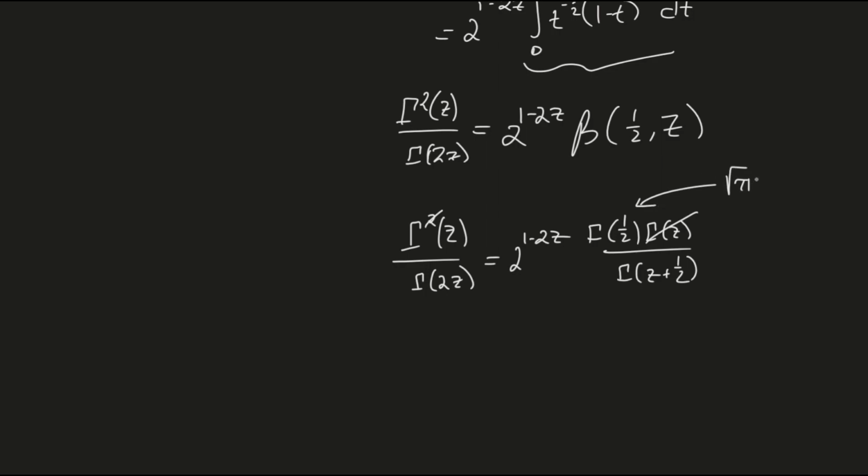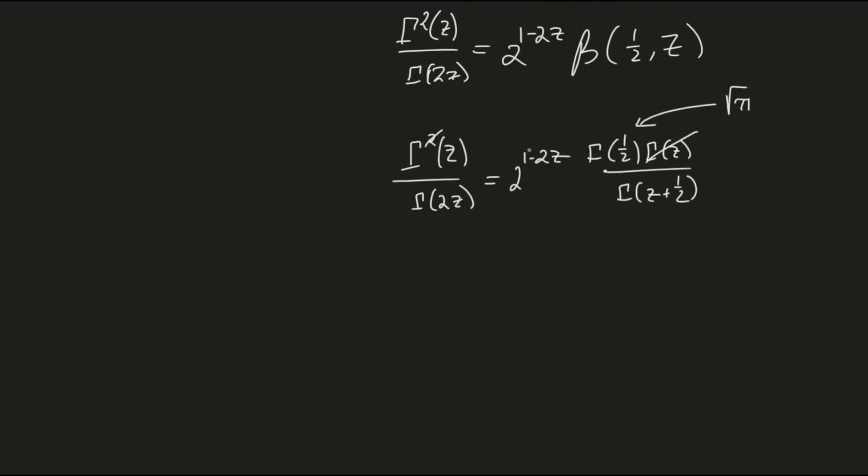And if you don't, that's fine, I'll probably make a video on that in the future, but right now you can take it for granted. So finally, well, not finally, but almost finally, we have gamma z over gamma 2z is equal to 2 to the 1 minus 2z root pi times 1 by gamma z plus 1/2.